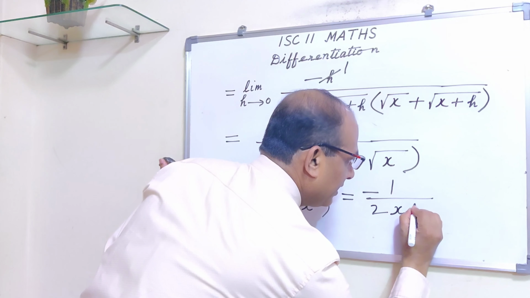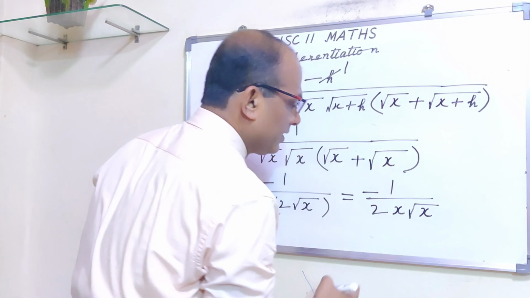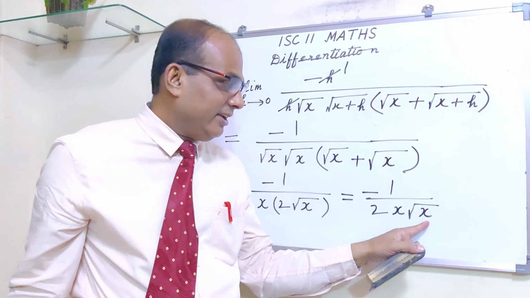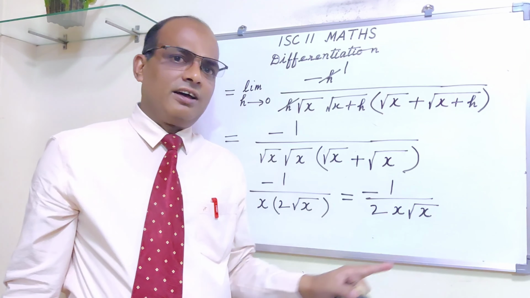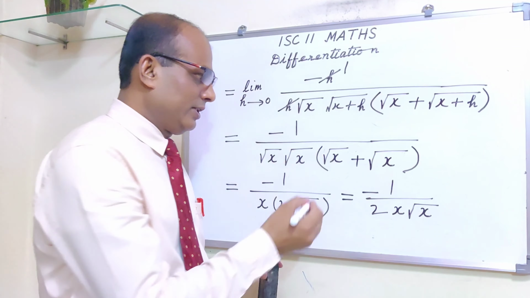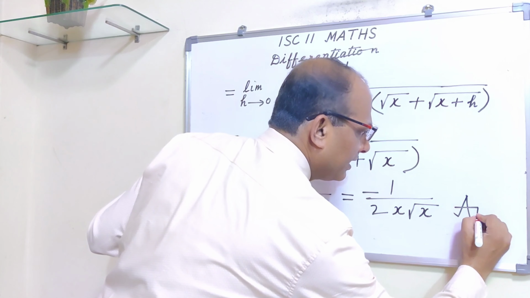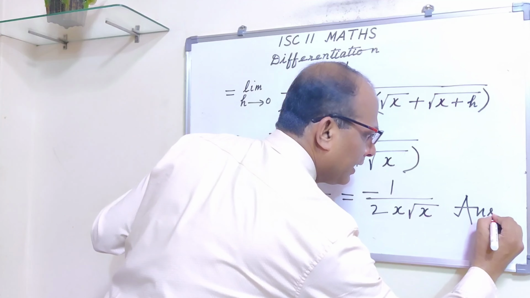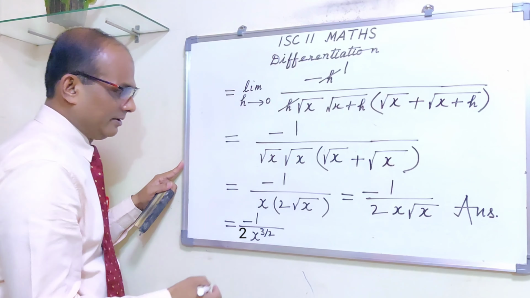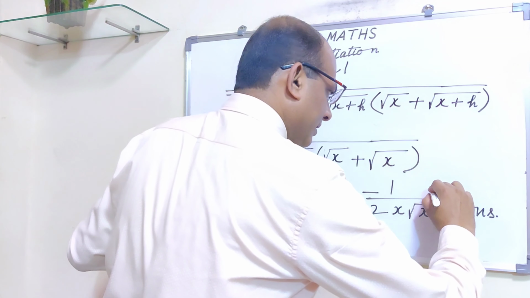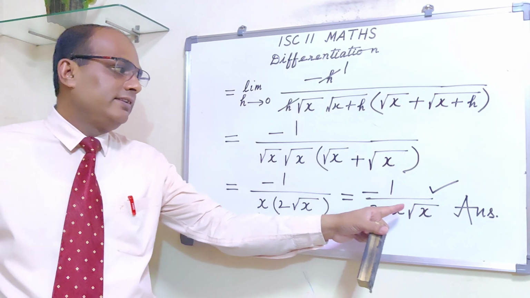Or you can write: x root x means half and x means 1, so x raised to the power 1 plus half, 1 plus half means 3 by 2. This is your answer. This is also okay. Either this or this. So the answer is this or this.